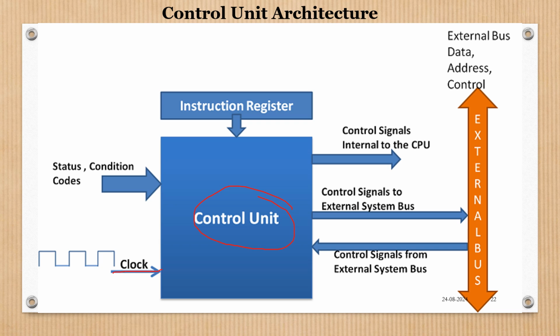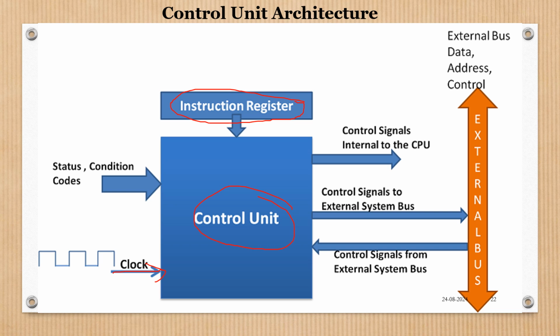This is driven by the clock pulse, and the instruction registers are controlled by the control unit, and these are the signals that are sent to the CPU for controlling the execution of the instruction, that is, which program will execute its instruction. So that is controlled by this control unit.